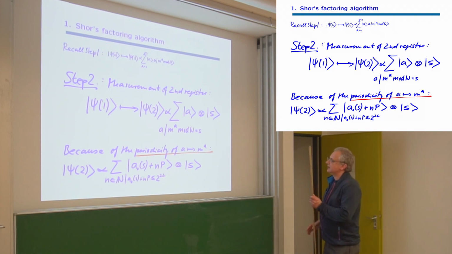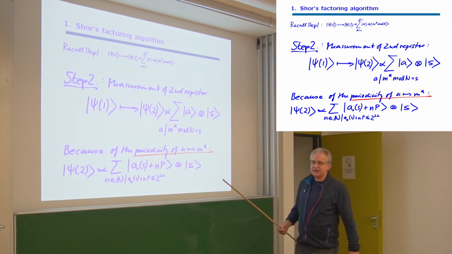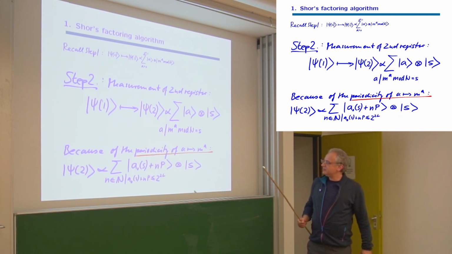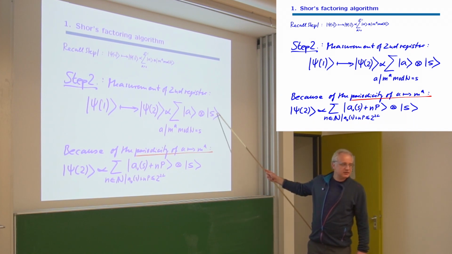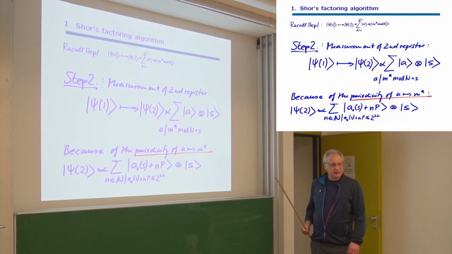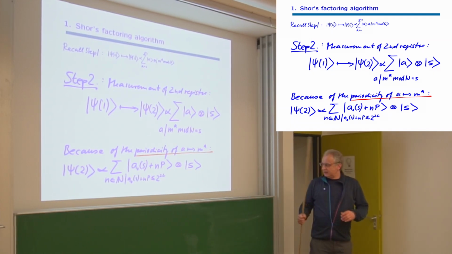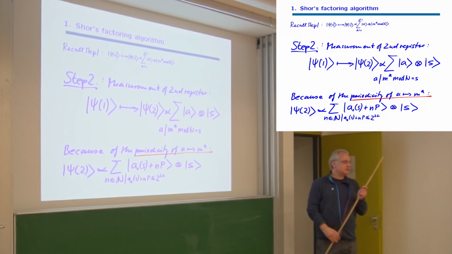We will not see a periodic pattern, just random signals, because the offset is going to be different every time. That's why the periodicity of the function here doesn't help us very much.